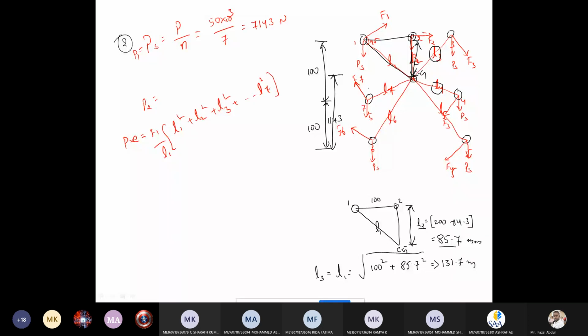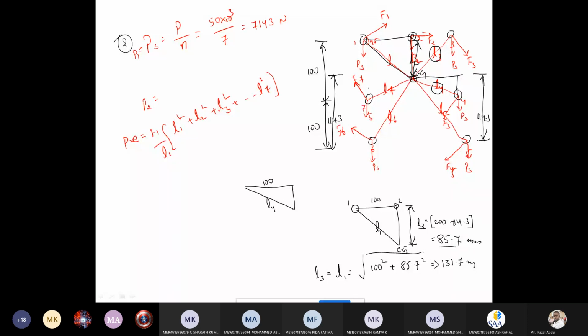Now we need the L4 value. To calculate L4, if we draw one horizontal line and join this one, it will form a right angle triangle that I'm drawing separately here. This is L4 and this distance is given in the question, 100, and this distance we don't know. So to know this distance, the total center of gravity from bottom to here is 114.3.